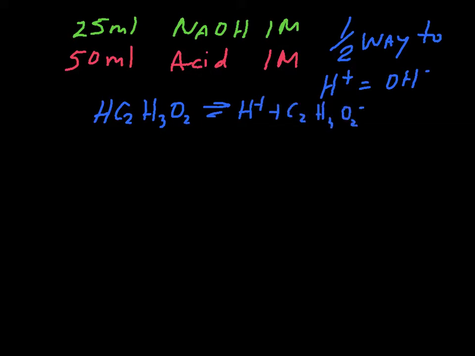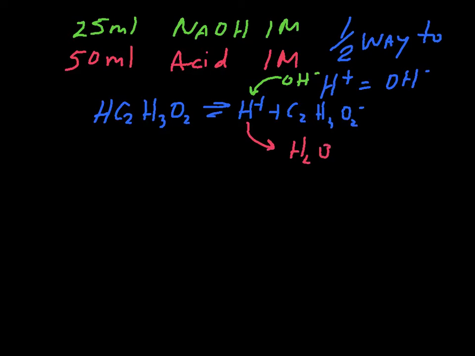Okay, and I'm sitting there adding base into it. Now, as I add base, the base is going to neutralize the acid, and the result is going to be H2O. I just neutralized that amount.